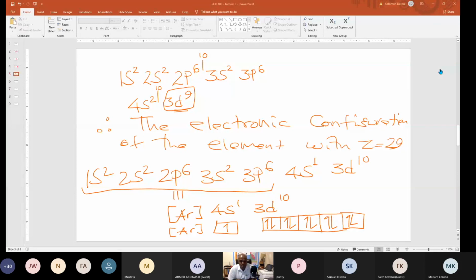I mean resonance. So before we reach the stage of resonance, we'll first look at how to draw Lewis structures, and then as we do that, we'll see why the structure of some compounds cannot be represented by a single structure, why we need to draw resonance, and then the stability of the different resonance contributors.